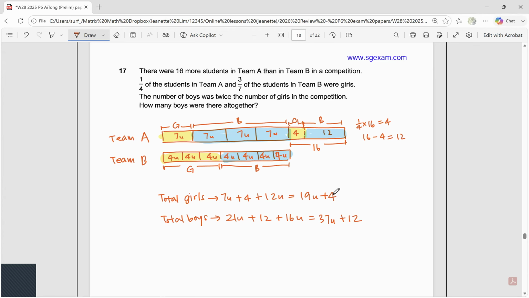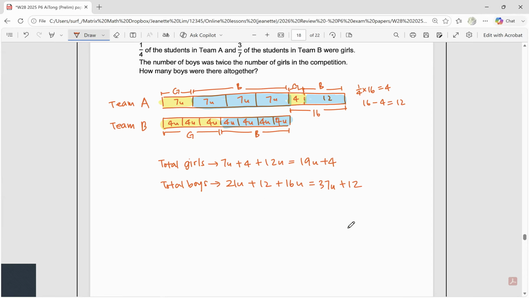Now the boys was twice of the girls. So if I take the girls and multiply by 2, I should get the same value as the boys. So 2 times the girls would be 38U plus 8. I'm using this and then I times 2, which is the 37U plus 12.